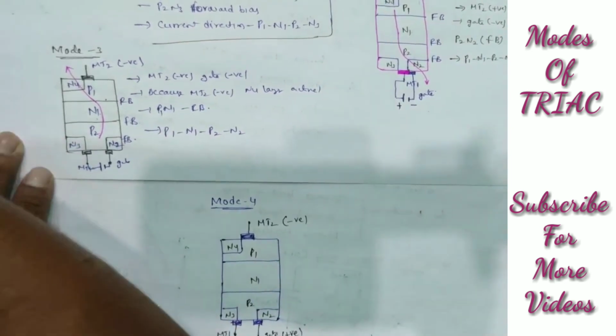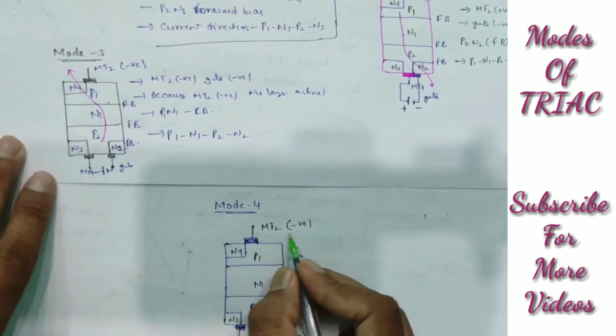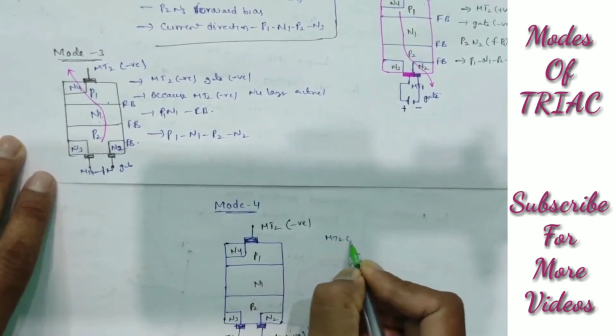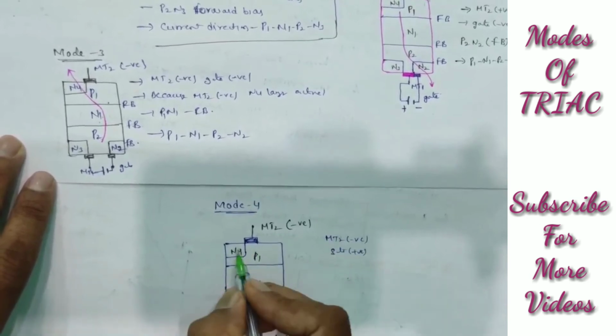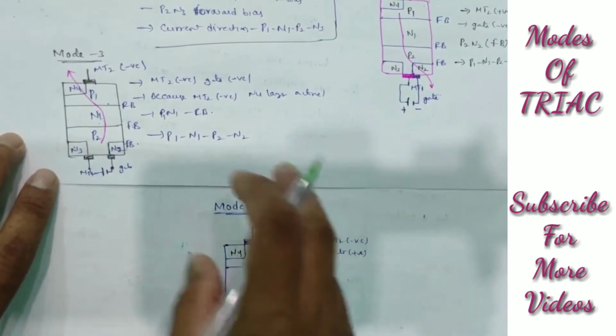So in this case, I already told, because MT2 is negative, the N4 layer is activated, then the current direction is reversed.